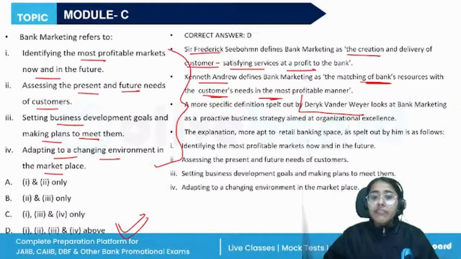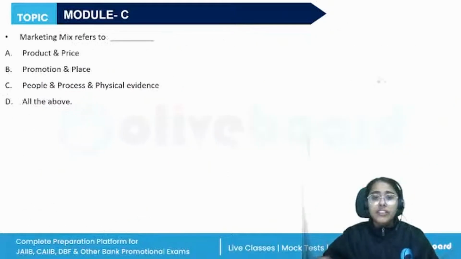According to this definition, retail banking marketing refers to identifying the most profitable markets now and in the future, assessing the present and the future needs of the customer, setting business development goals and making plans to meet them, and adapting to a changing environment in the marketplace. So these statements are from the definition given by Derek Vander Veer. So you should remember these definitions.